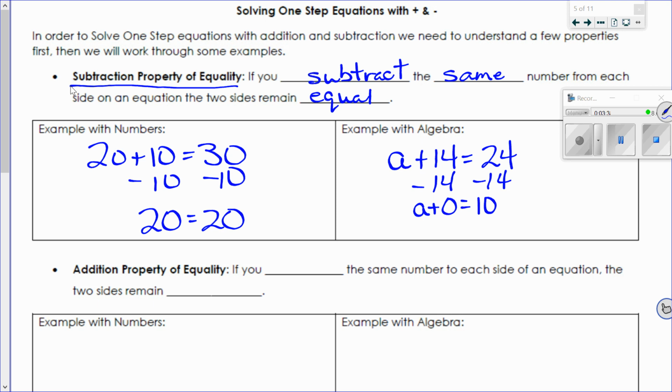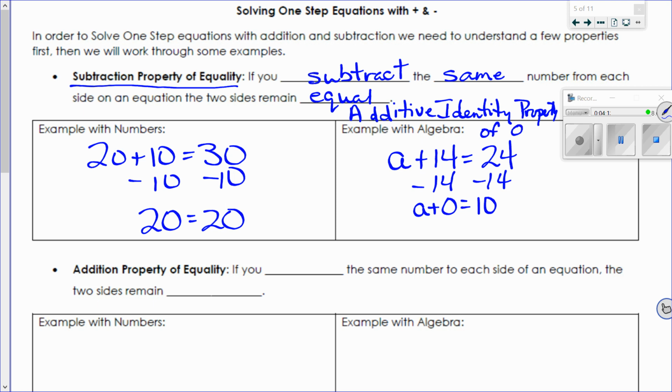Let me solve it for you. The additive identity property of 0. There you go. Good job, Lydia.